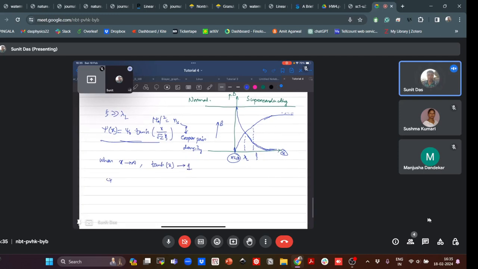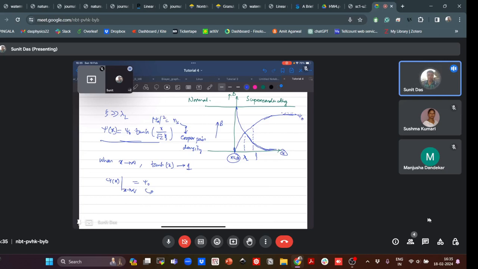So that means psi of x, at x tending to infinity, is psi 0, which makes sense. And psi 0 doesn't depend on x, right? So if you are well within the superconducting material, we have a constant wave function, psi 0.